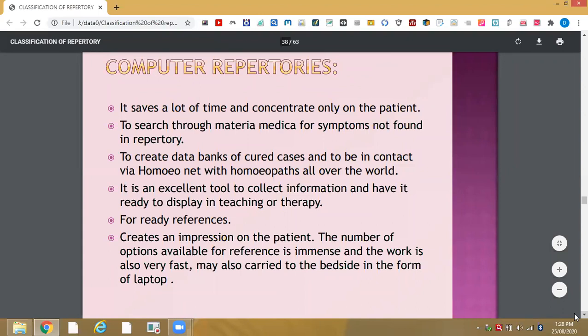Then to create data banks of cured cases and to be in contact via HomeoNet with homeopaths all over the world.